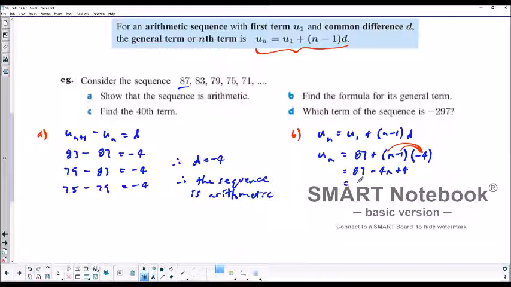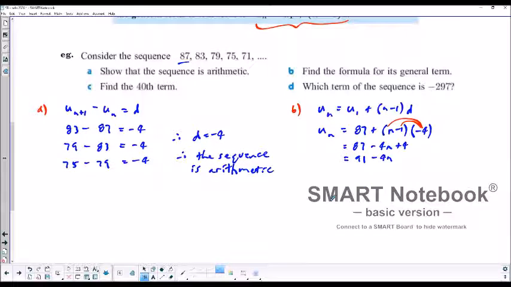And so that gives us 91 minus 4n. So our general term for this arithmetic sequence is U n equals 91 minus 4n. Okay, that's the simplified form. The general form would be there as well. Okay, so that's simplified.